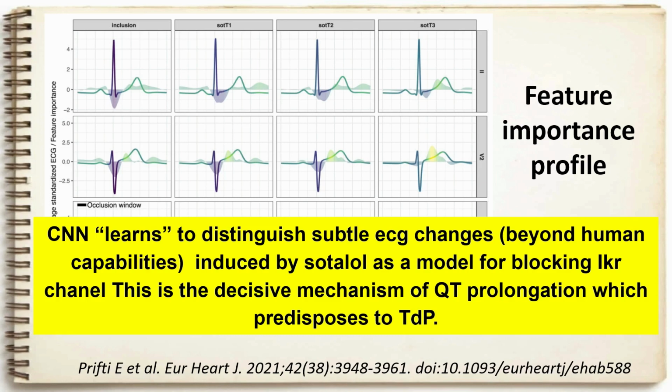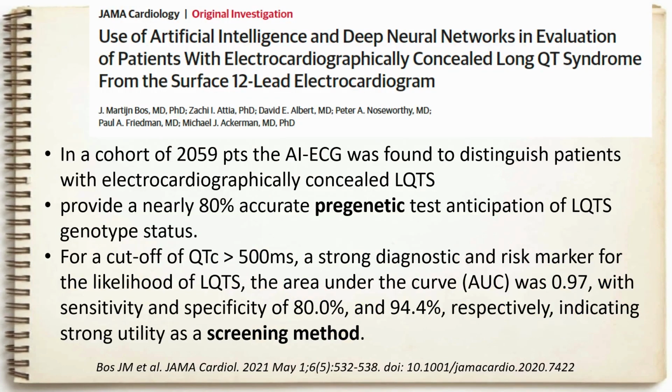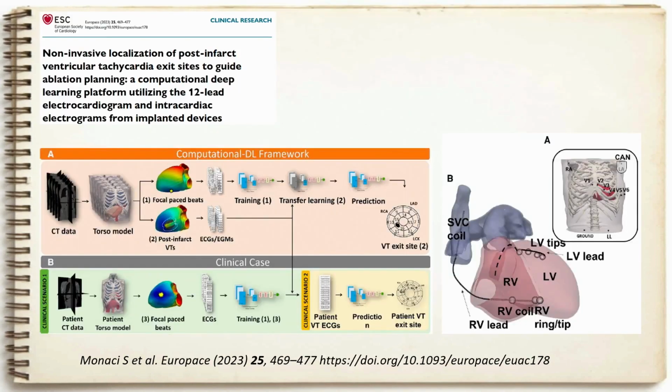So here you see, for instance, the green color corresponds to the areas which are important for these kinds of decisions. Again, a cohort of more than 2,000 patients, 80% accurate pregenetic test by looking at a 12-lead electrocardiogram and analyzing it by artificial intelligence. Enormous help for screening.